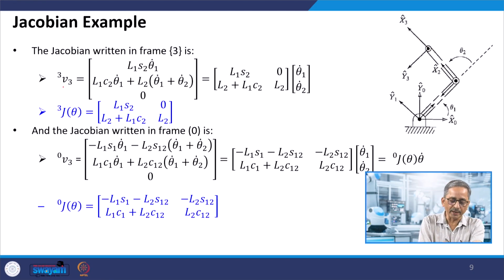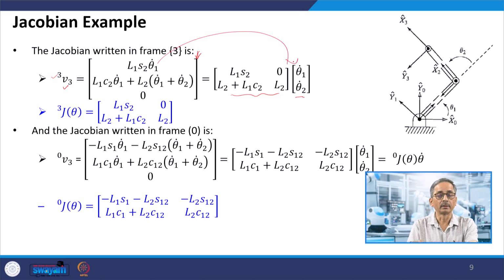So, the velocity V3 of frame 3 expressed in terms of frame 3, which we have evaluated, was this one. If I write it as a multiplication of a matrix and a vector, then I can segregate the theta 1 component here and similarly theta 2 here. Then I can write this in this fashion. There is no contribution of the theta 2 term over here, so this term is going to be 0 and this will be L1 S2 theta 1 dot. So, we get the first term. Similarly, if I multiply this, I will get the second term.